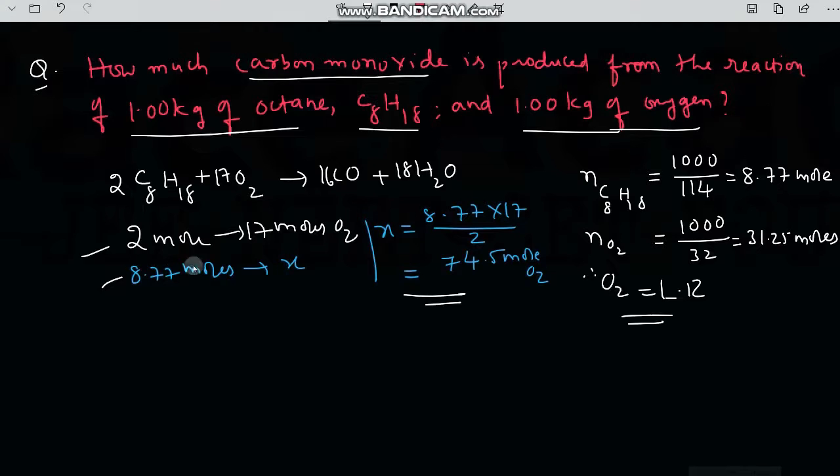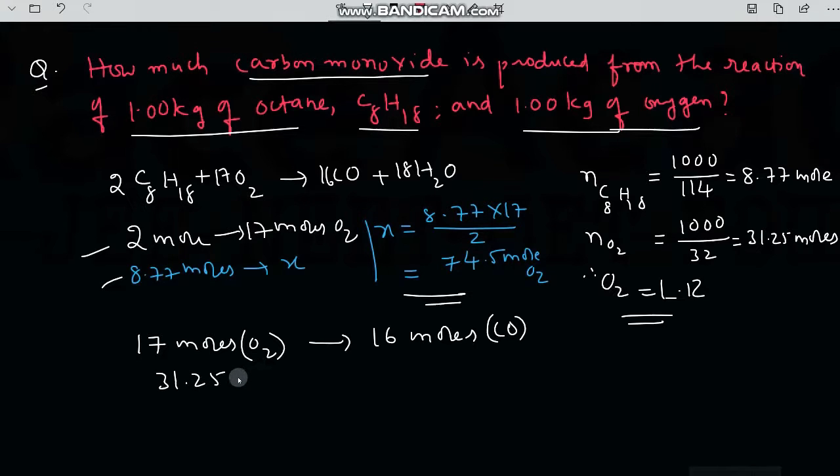Moving on, it is very clear that 17 moles of oxygen is said to give 16 moles of CO from the equation. But we have only 31.25 moles of oxygen, which gives how many moles of carbon monoxide?